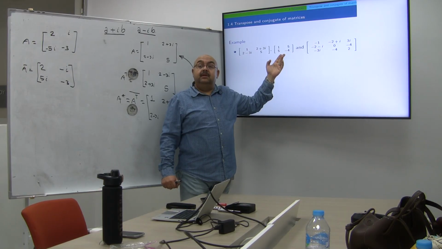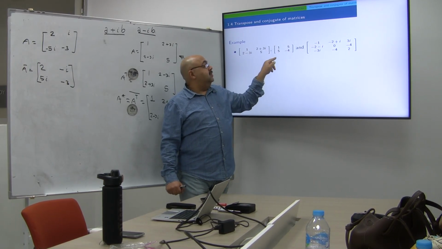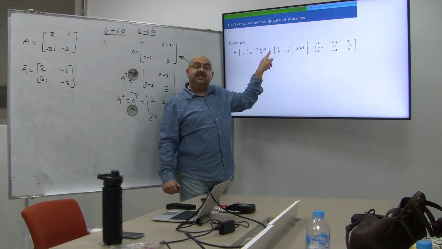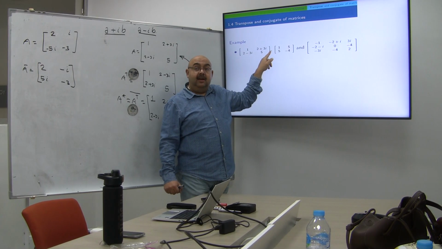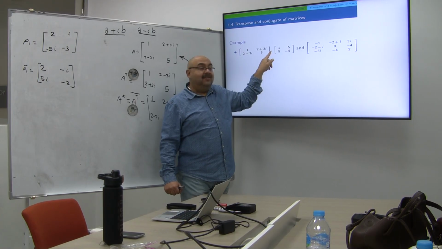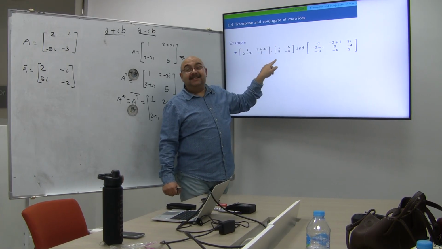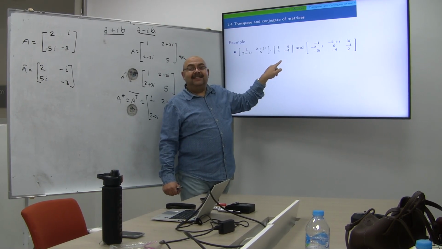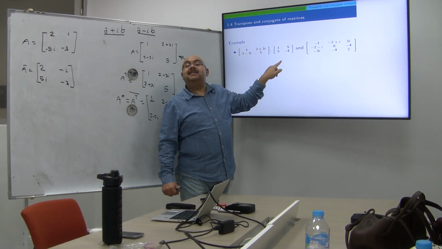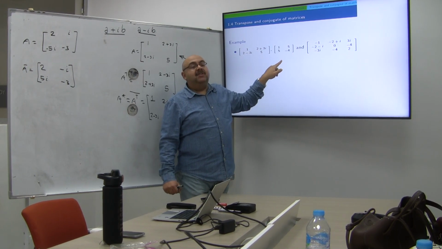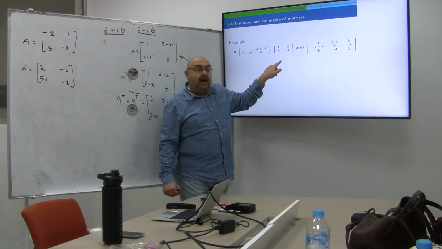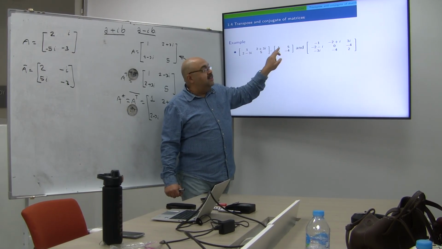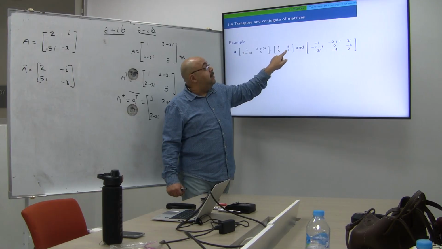Guys, this matrix is one of the famous matrices that we took previously. Can you identify the type of this matrix? Square matrix. Yes, it's a square matrix. And transpose, conjugate, symmetric. So the symmetric matrices are those type of matrices where the elements are the same with respect to the principal diagonal.